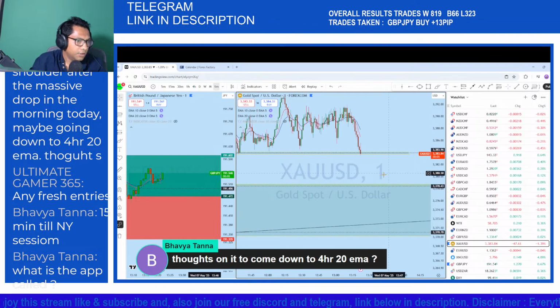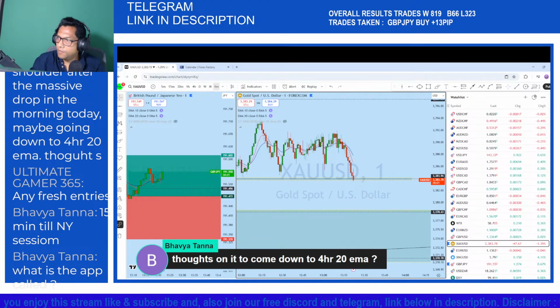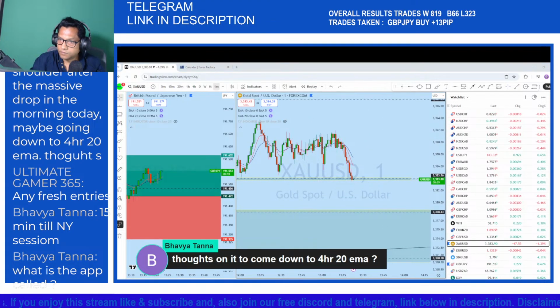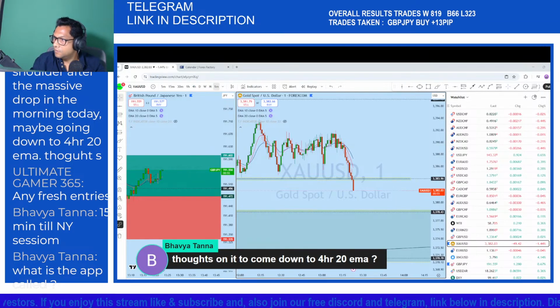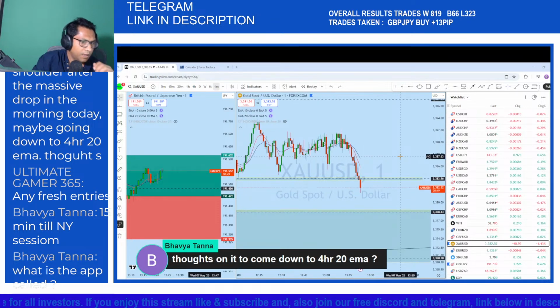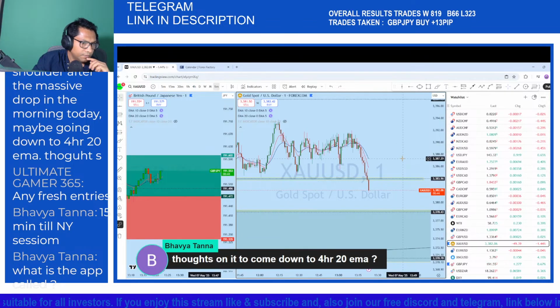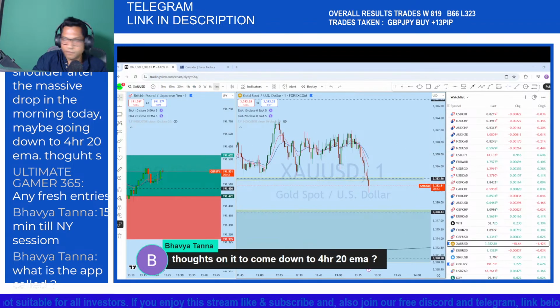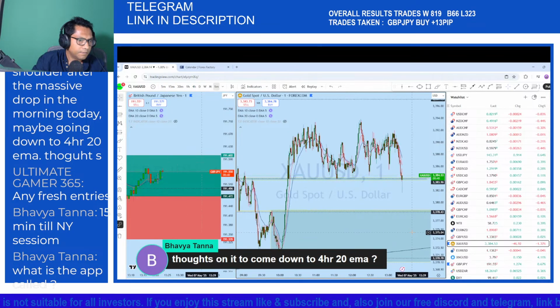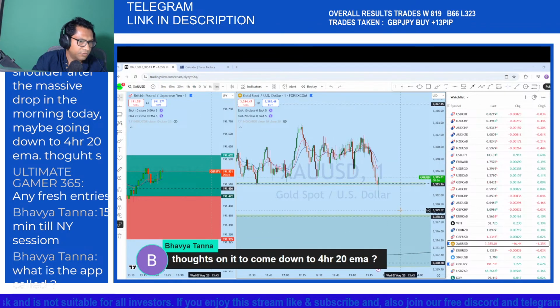Okay, so it formed a bearish price action in that area, and, as we discussed, from this fair value gap, trying to move back up.